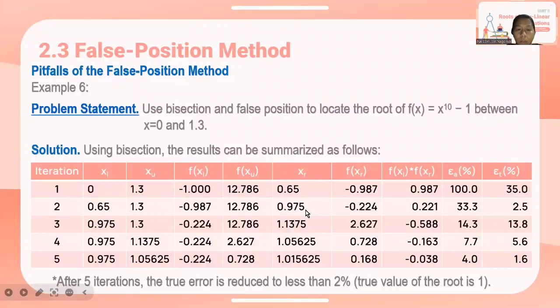The XR is 0.975 and the function of XR is negative 0.224. The approximate error decreased to 33.3 and the true relative error is 2.5.